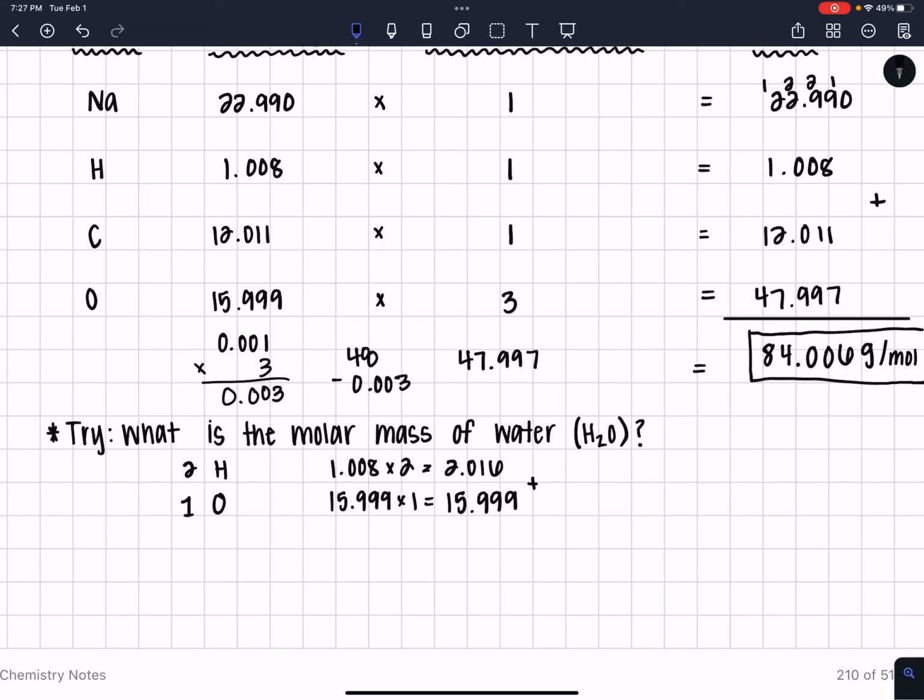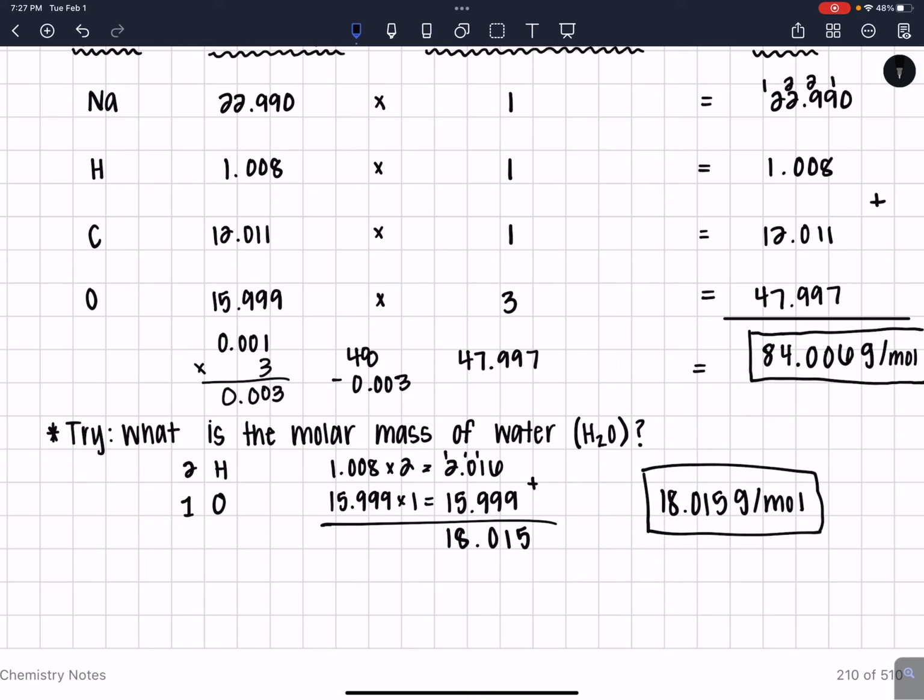I'm going to add these two together, and what do I get when I add them together? 6 plus 9 is 15. That'll be 11. That'll be 10. That will be 8. Boom! 18.015 grams per mole is the molar mass of water.